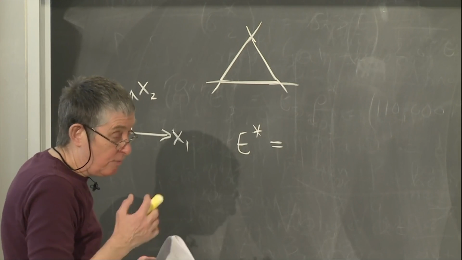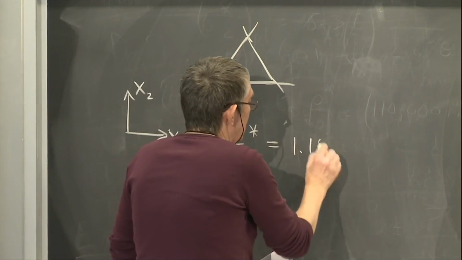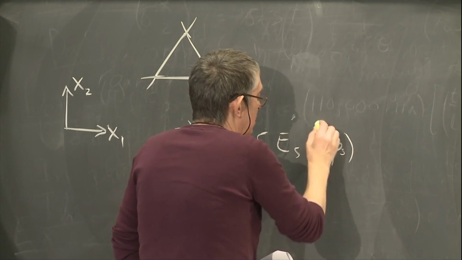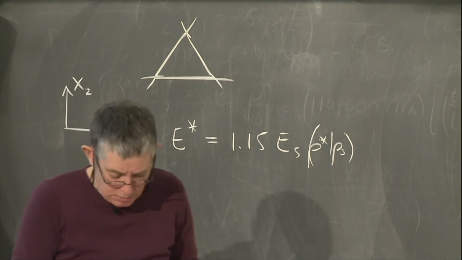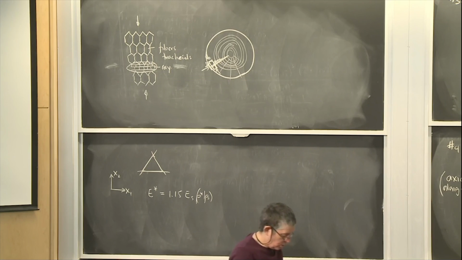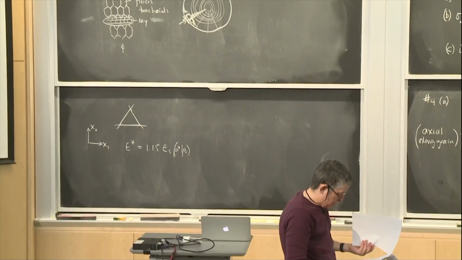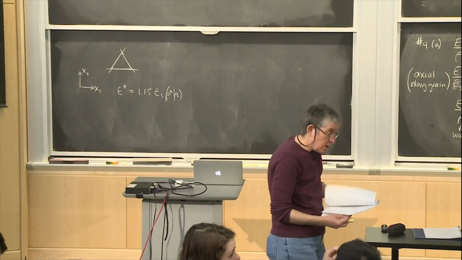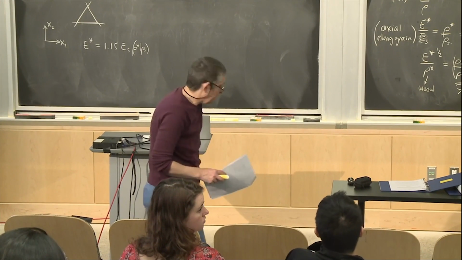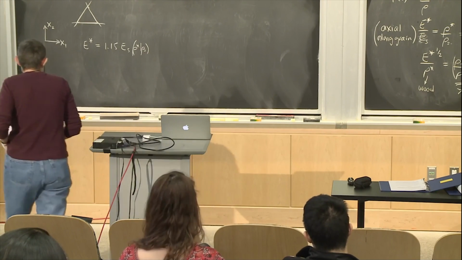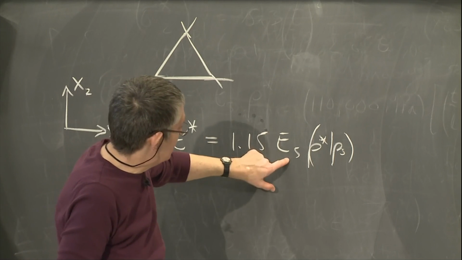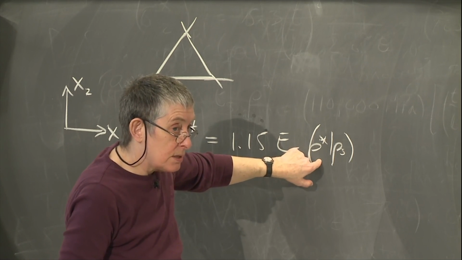I guess I'm thinking you might have put this on your cheat sheets. It's 1.15 times ES times the relative density. So I'm trying to remember, do I have that on here? I don't have it on here. Are we just supposed to know that? Well, what I would hope that you would know is maybe not the constant, but that it should go as ES and linearly with the relative density.